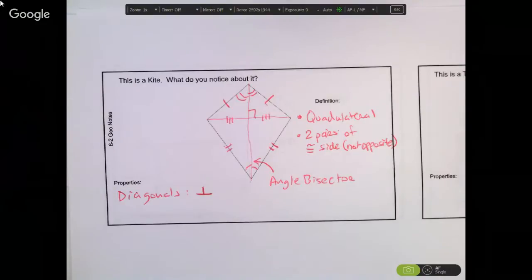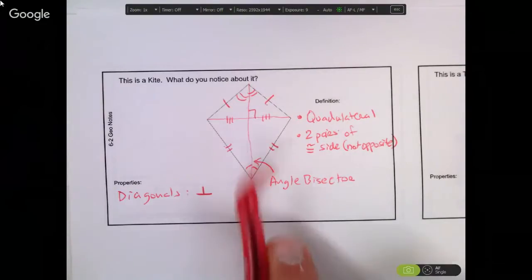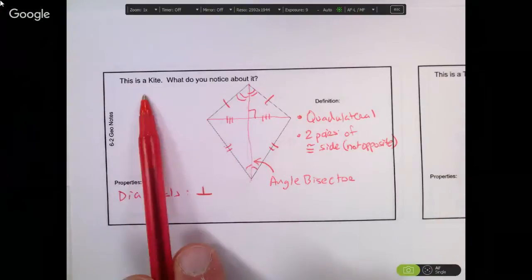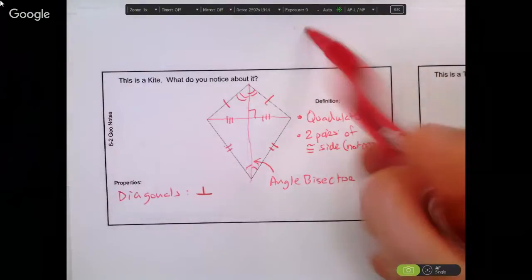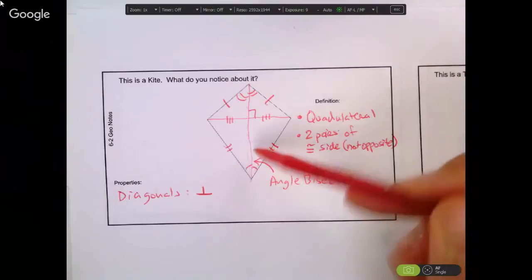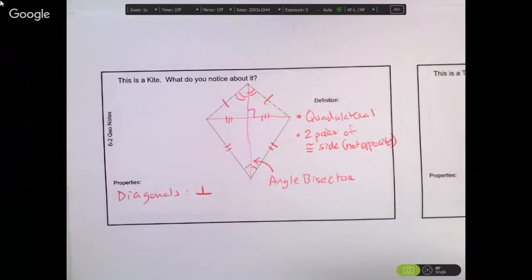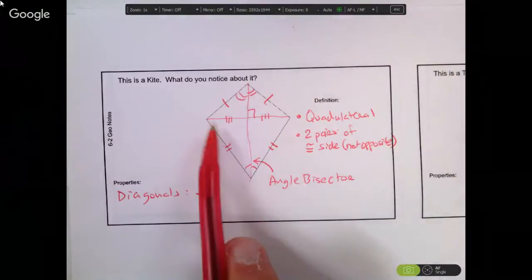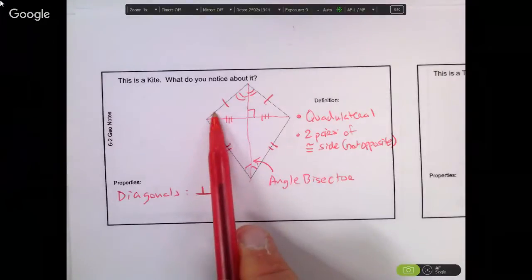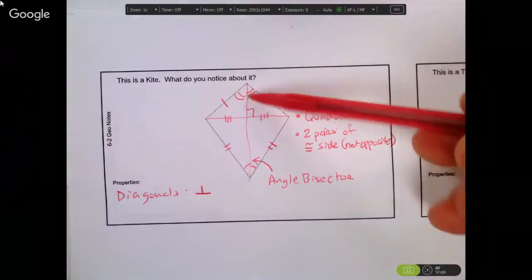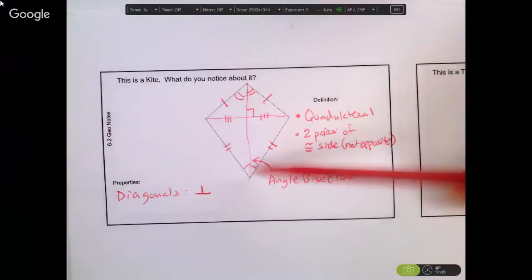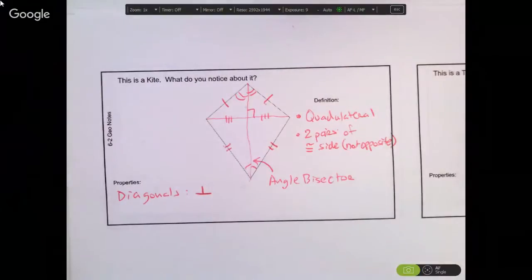So what I like to do, and if you looked at my tests when I was in geometry, you would see that if it said kite, I went off to the side and drew a kite and basically asked, what do I notice is happening? Okay, and I can see things. You can see that this angle is not the same as this angle. Okay, you can see that this segment is not the same as this segment.